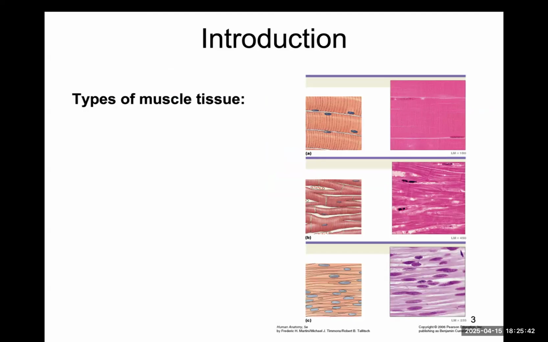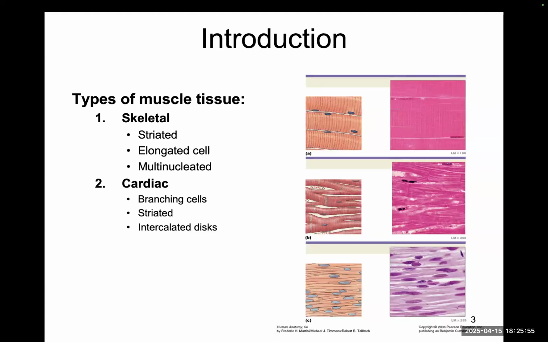So the first thing we need to know is there are 3 kinds of muscles that we have as animals. You have one kind that's called skeletal muscle, another that's called cardiac muscle, and then one that's called smooth muscle. We'll do this in the lab.